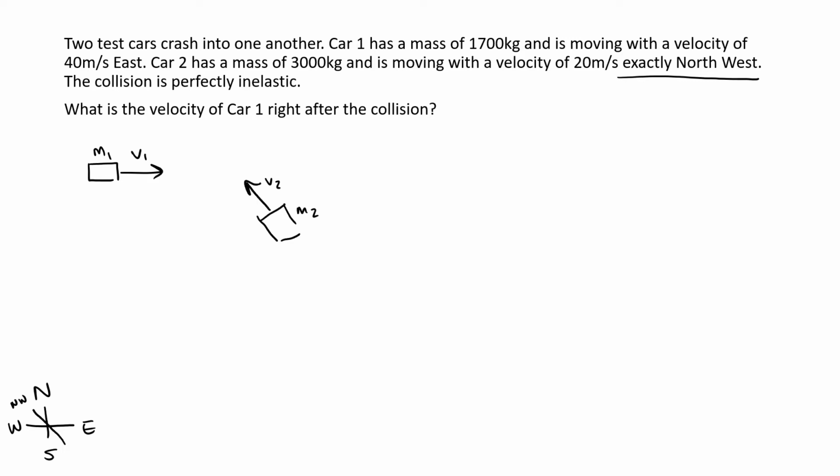So we need to find what is the horizontal component of car 2. If you thought you were getting away from vectors, you are mistaken. So we have velocity 2, velocity 2x, velocity 2y.